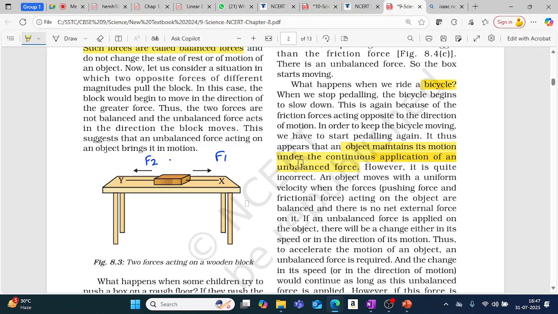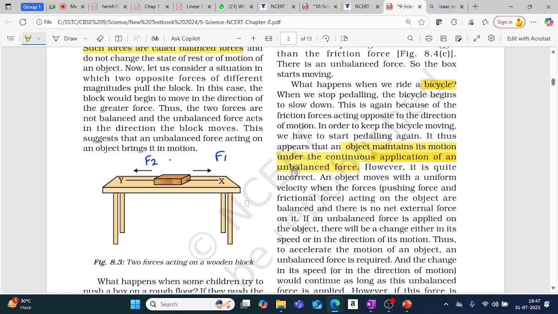What they're saying is, if an object is at rest, you apply a force, it will start moving. They're saying it will move forever if there is no frictional force.